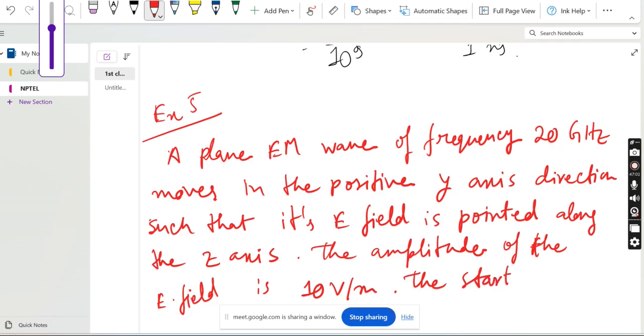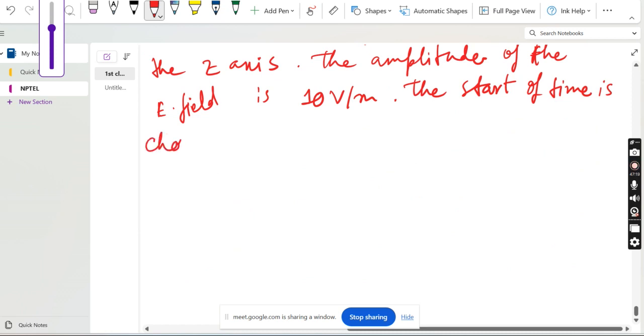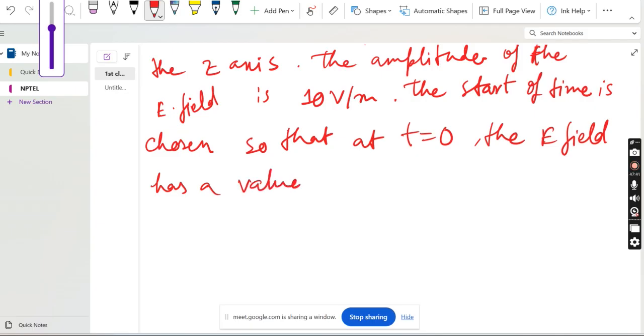The start time is chosen so that at t is equal to 0, the electric field has a value 10 volt per meter at the origin.